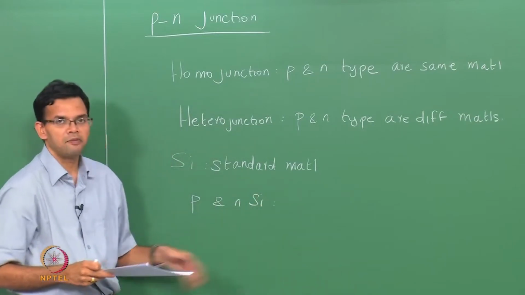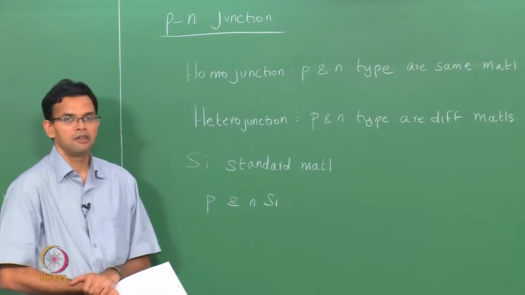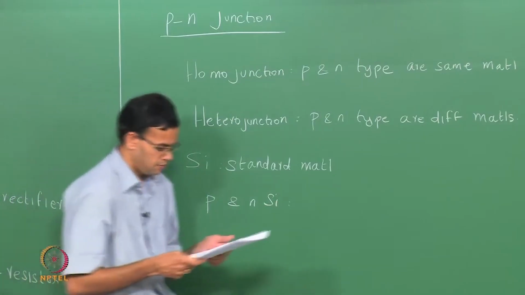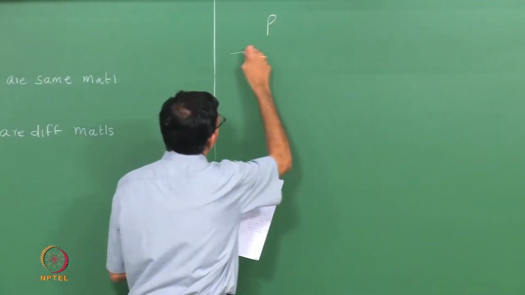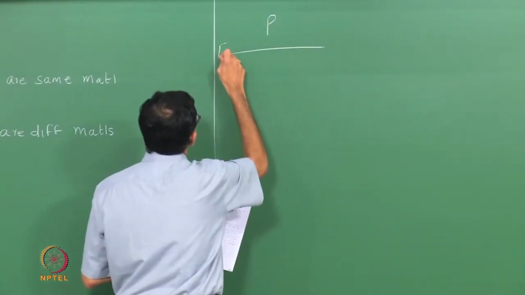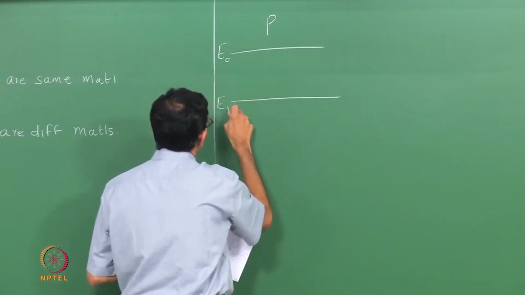So, let me start by drawing the band diagram for p type and n type silicon. I will first put them far apart and then bring them together to form the junction. So, here is the band diagram for p silicon. We have a conduction band EC, a valence band EV.